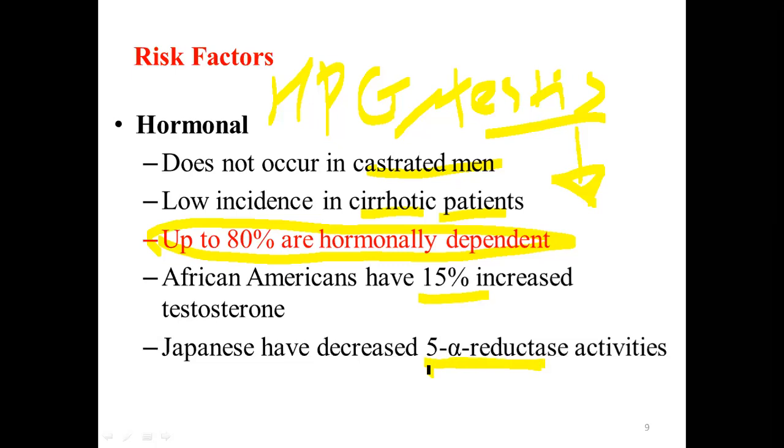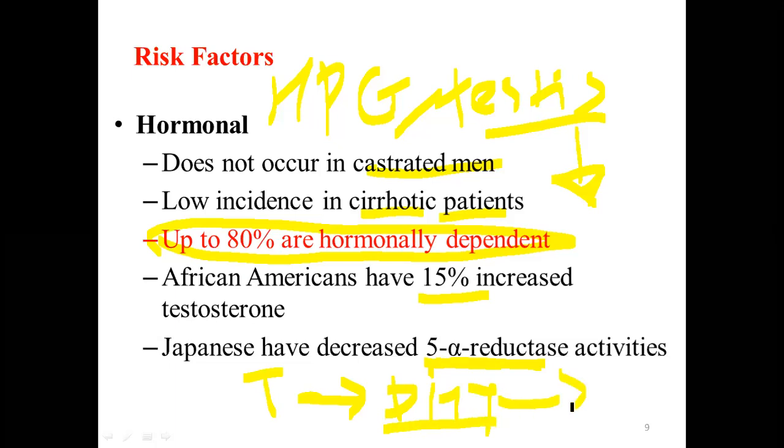It is involved in the conversion of testosterone to dihydrotestosterone, the most active form of testosterone that can promote the growth of the prostate gland. Because Japanese have reduced levels of this enzyme, the risk of prostate cancer is comparatively lower compared to other populations.